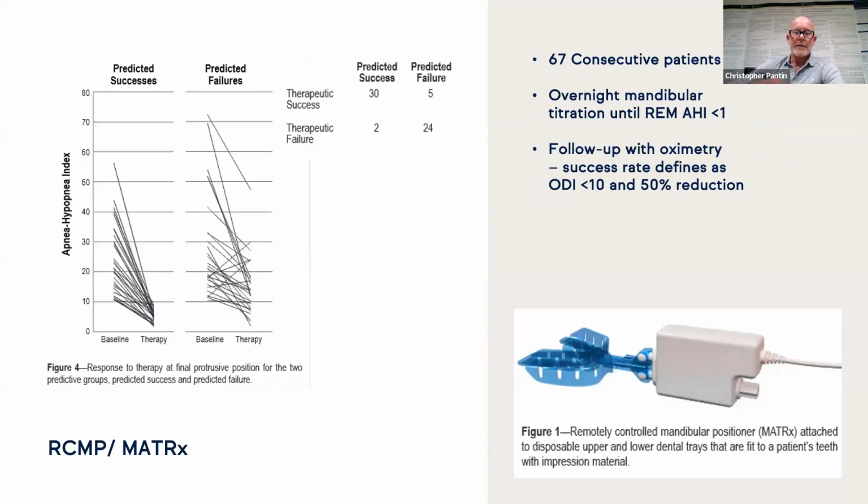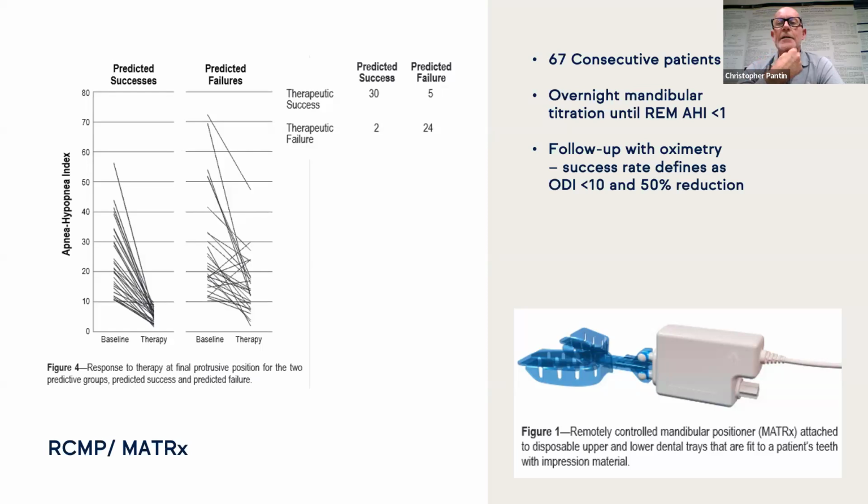So then that grew into the matrix, which most people probably know about, which is now commercially viable and quite sophisticated. In its basic form, they did a study on 67 consecutive patients.